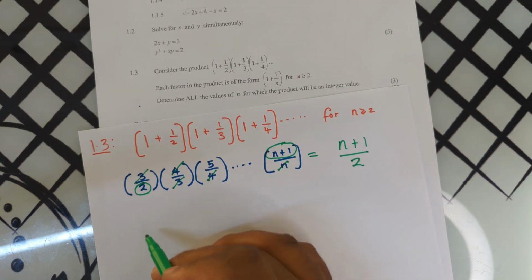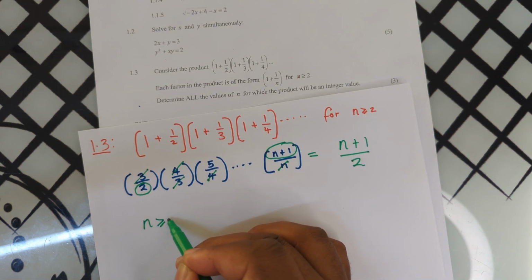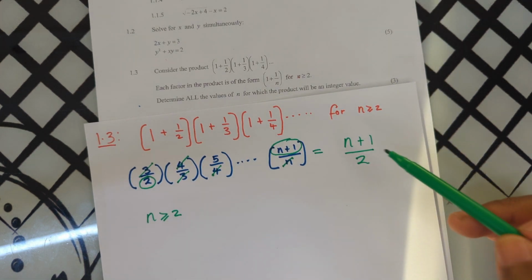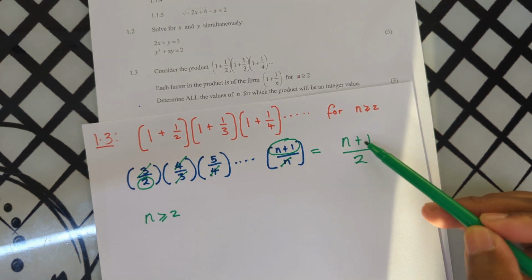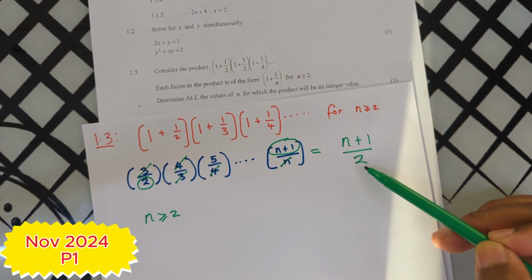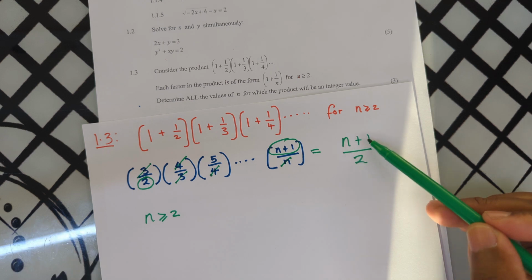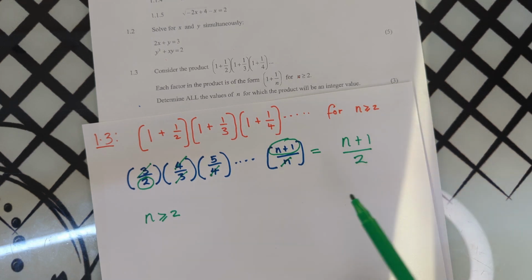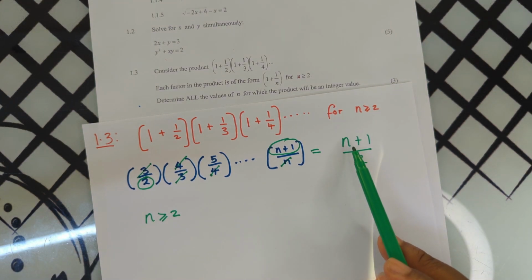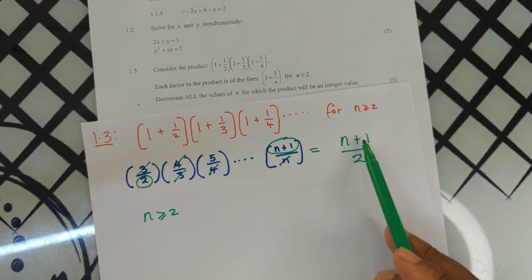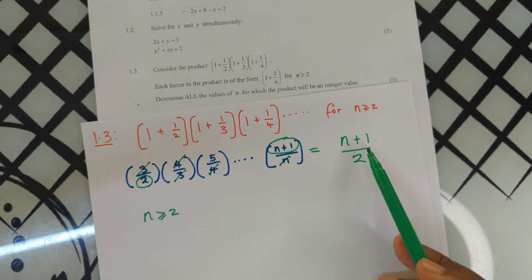And since, according to our question, n has to be greater or equal to 2, n plus 1 over 2, since 2 is an even number, for n plus 1 to be divisible by 2, n has to be an odd number, because if you add an odd number and an odd number, you get an even number.